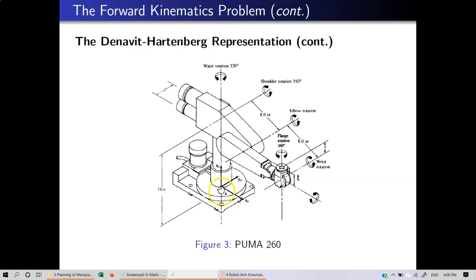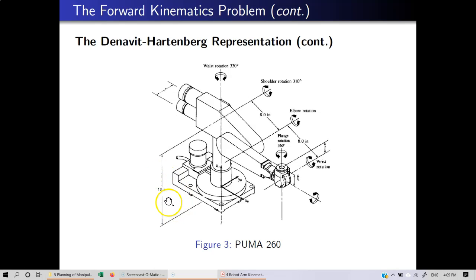Also, according to the algorithm, theoretically we can set the origin to be anywhere along this line. However, we don't have the physical robot in front of us, we only have this figure, so it's a good idea to set the origin of the base coordinate frame 0 to be here, because we are given this dimension.